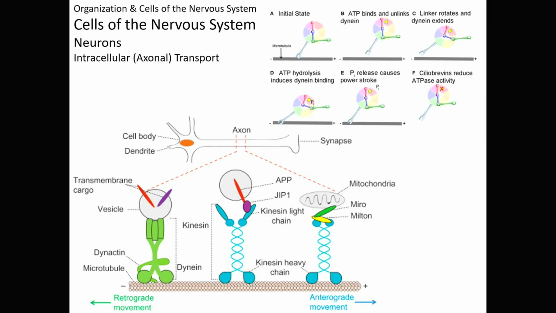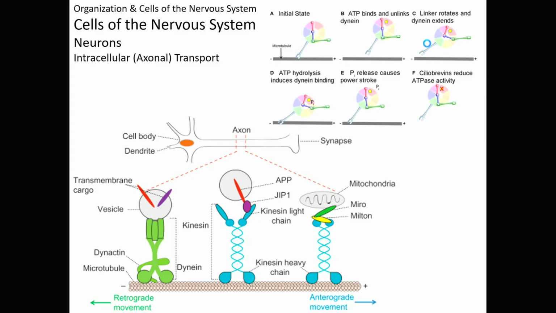And then the energy of that ATP hydrolysis allows the linker arm to bend back towards itself. It's attached to the microtubule at this point, so as it tries to bend back, it essentially pulls itself forward. And so this is how the dynein is able to walk itself along that microtubule network, right? So it's powered by ATP is perhaps the key point there.